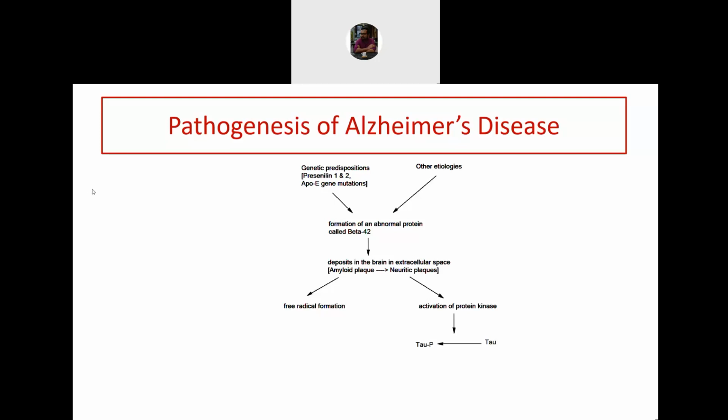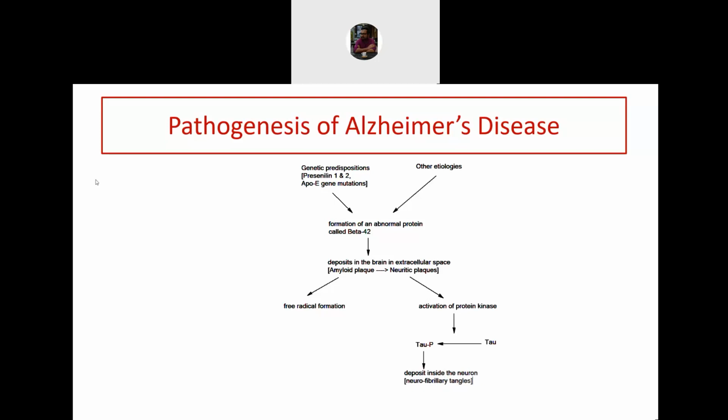And these tau phosphates deposit inside the neuron. So remember, the amyloid plaques are extracellular, whereas tau phosphates are intracellular. These deposits inside the neuron are known as neurofibrillary tangles, and they are relatively small in size because they are inside the cell. There is less space.